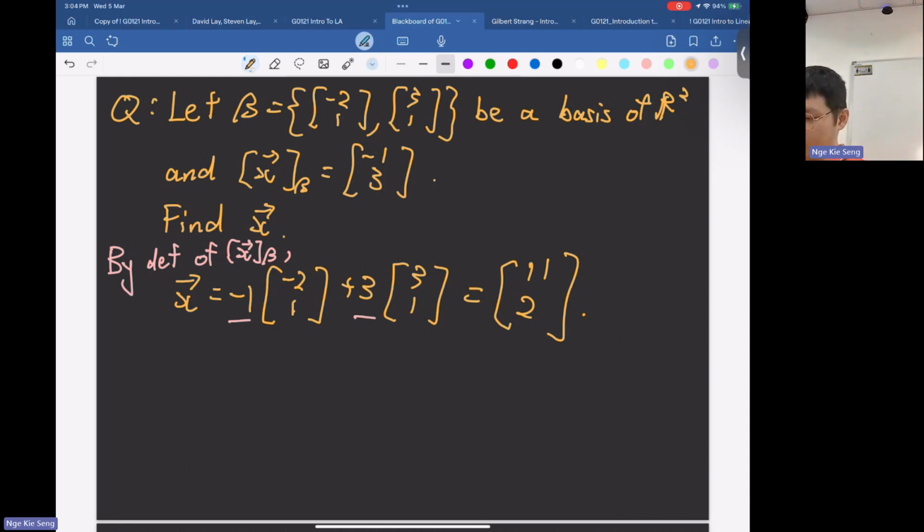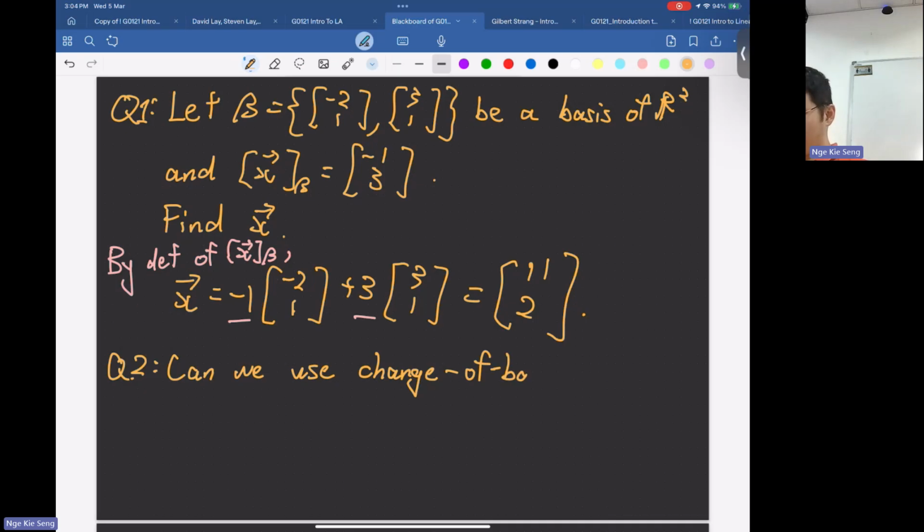So the second question is, we use change of basis, or in your textbook, I recognize they use change of coordinate, right? Change of coordinate matrix, say from B to C, of Q1.